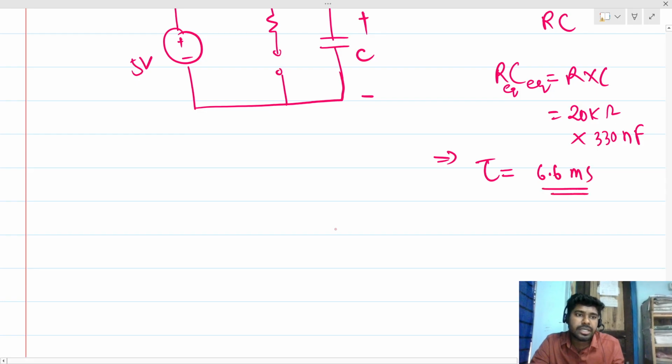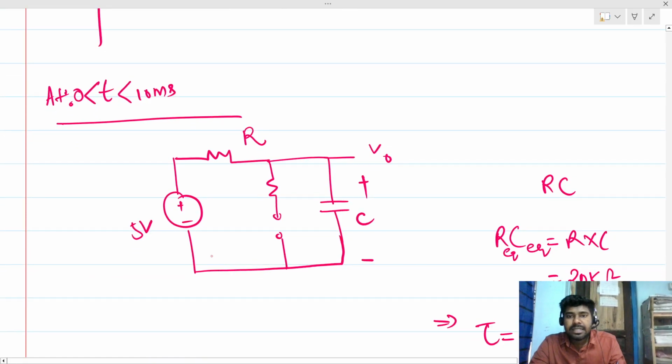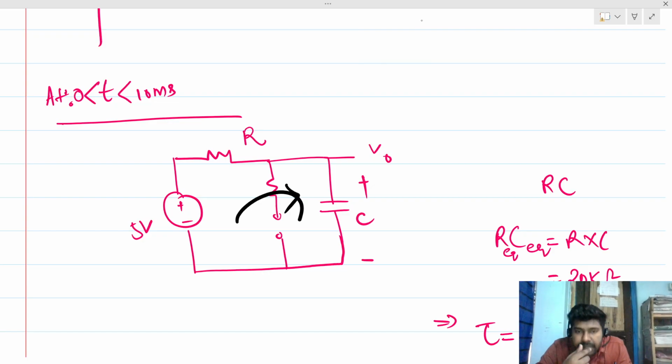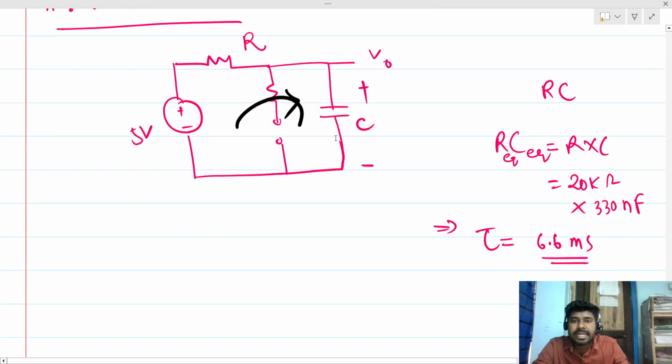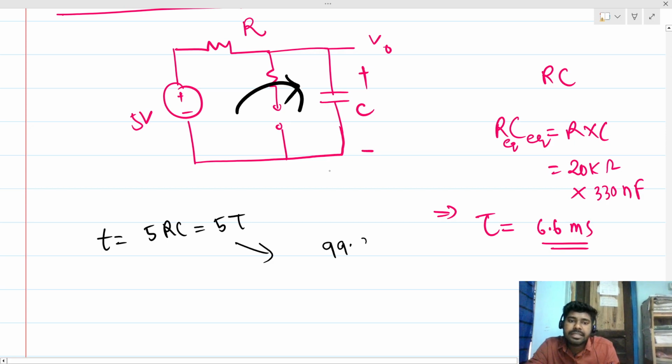This type of circuit will charge to 5 volt at steady state, at infinite time. But we approximately say that if the time is 5 times RC, 5 tau, then it almost reaches 99.8%.